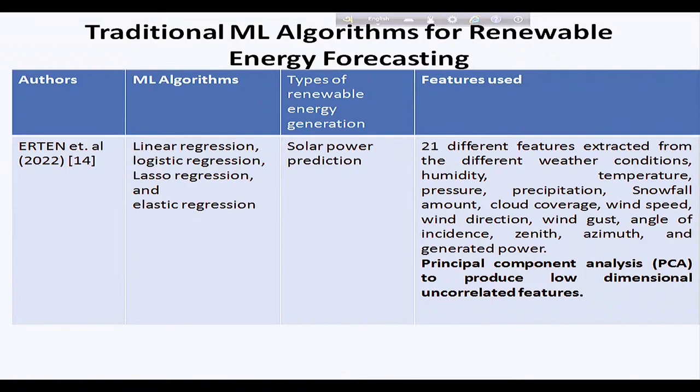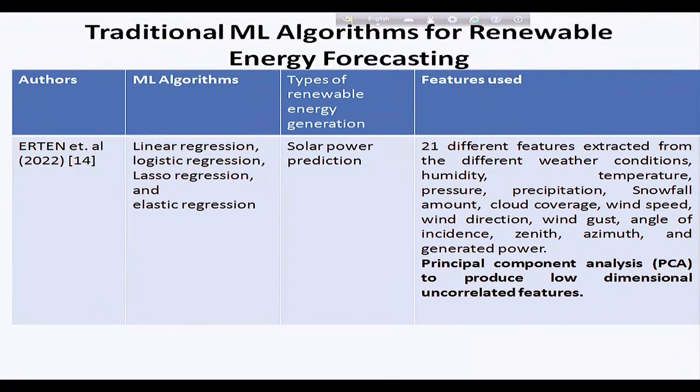Since they collected 21 features, they then applied PCA. PCA is the principal component analysis technique, by which the 21 features can be reduced to a certain set of the most significant features. All those features may not be important; some may be more significant.